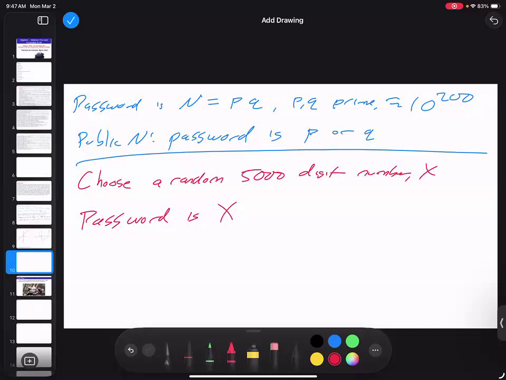Right, the only two factors of n, but you can even forget about the fact that n is a product of two primes. You can just keep trying all 200-digit primes. Doesn't it seem like there's a lot fewer things to try that have 200 digits than 5,000 digits? Does it seem like the first thing is going to be far more secure? I'm sorry, far less secure than the second. The second is going to be much harder.